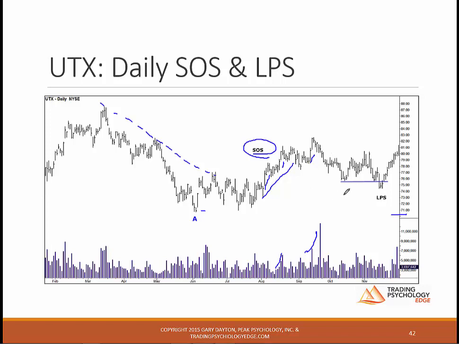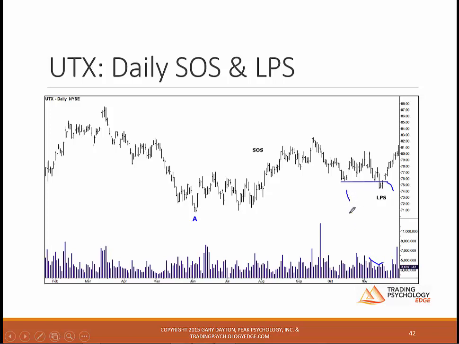And this is not unusual. If you're doing position trades, you might only get 3 or 4 really good opportunities in a year. But we come to a last point of support, the volume recedes, and we have a spring occur here as the market closes above this swing low.